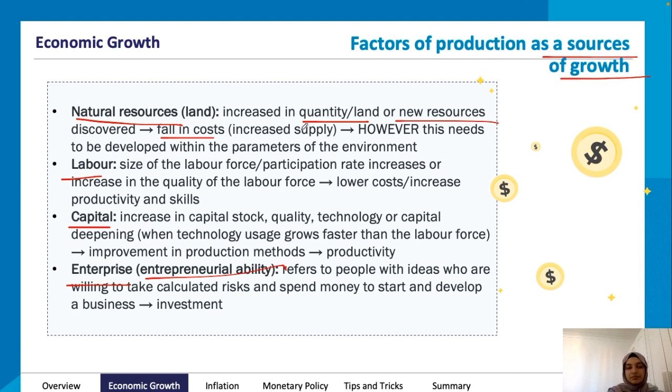Those are things we can get out of the labour component. Capital: an increase in capital stock, quality and technology, or capital deepening. When tech usage grows faster than the labour force, that's something to keep in mind as well. Improvement of production methods can obviously increase productivity.